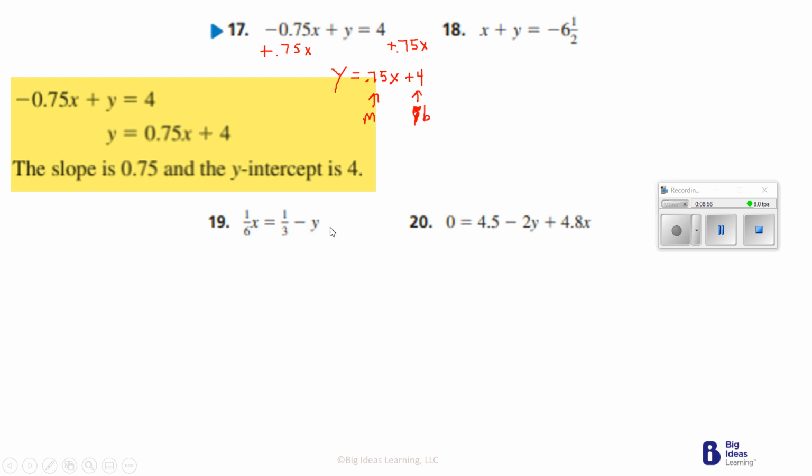19, again, we can move these around. So we have a negative y over here, so I'm going to add y to both sides. This is going to give me y plus 1/6x equals 1/3. Now I'm going to subtract 1/6x from both sides.